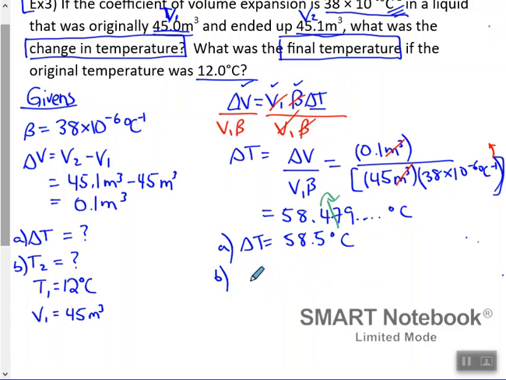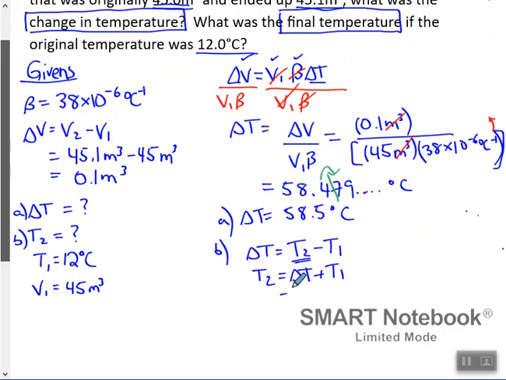The other way we could do that, if you weren't sure if you need to add or subtract and you weren't good at thinking it through, remember delta T just equals T2 minus T1. So solving for T2, it's going to be delta T plus T1. We calculated that our change in temperature was 58.5, and our original temperature was 12.0 degrees Celsius, so 58.5 plus 12.